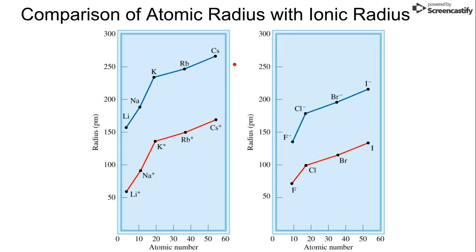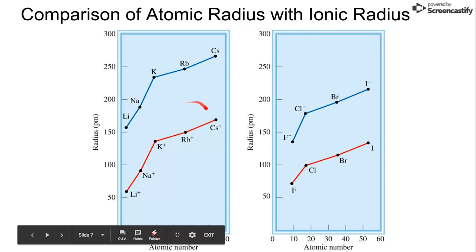Now, the question then becomes, well, when I have an atom, how does it compare to the ion? And you'll see that this slide right here shows how we can compare atomic radius with the size of the ions. And what you can always notice is that if electrons are lost, so if we form positively charged ions, the atom always gets smaller.